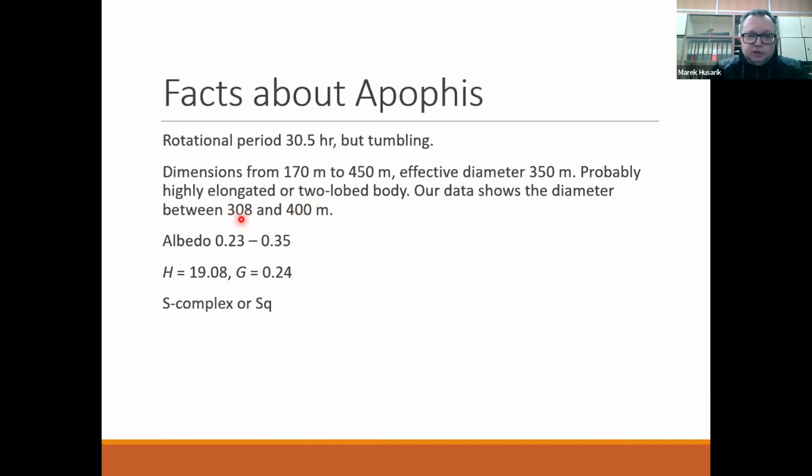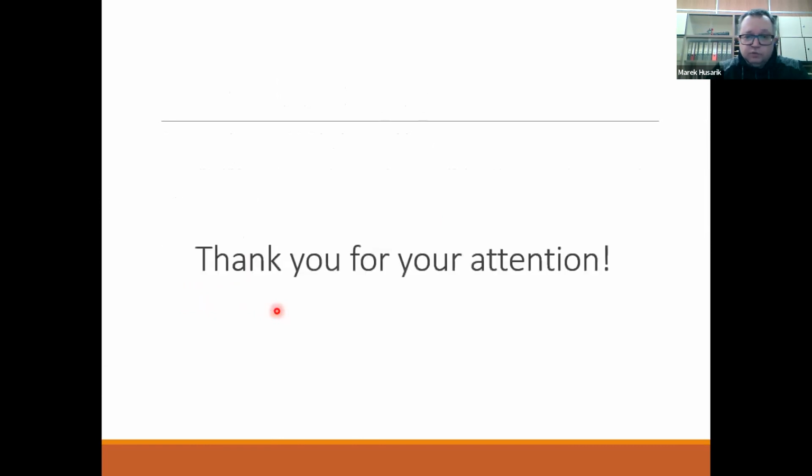We got sizes in this interval, and literature says it is from those values, and the effective mean diameter is about 350 meters. This is albedo. Here is absolute magnitude, and we confirm that this asteroid belongs to silicate taxonomy. Thank you for the attention.